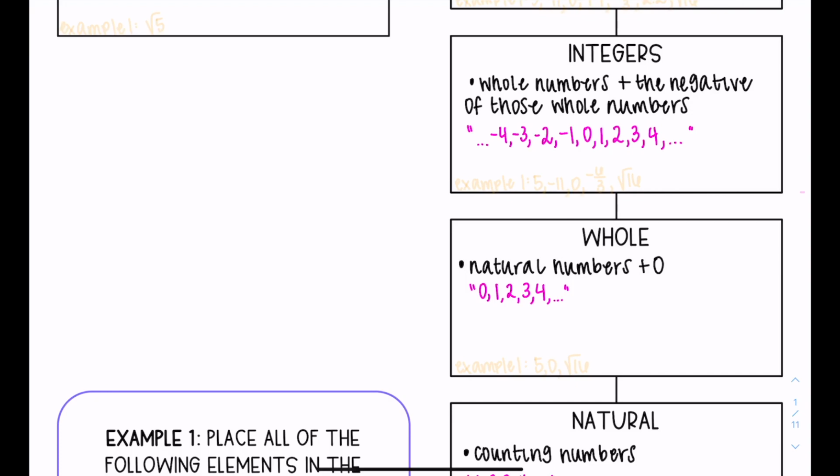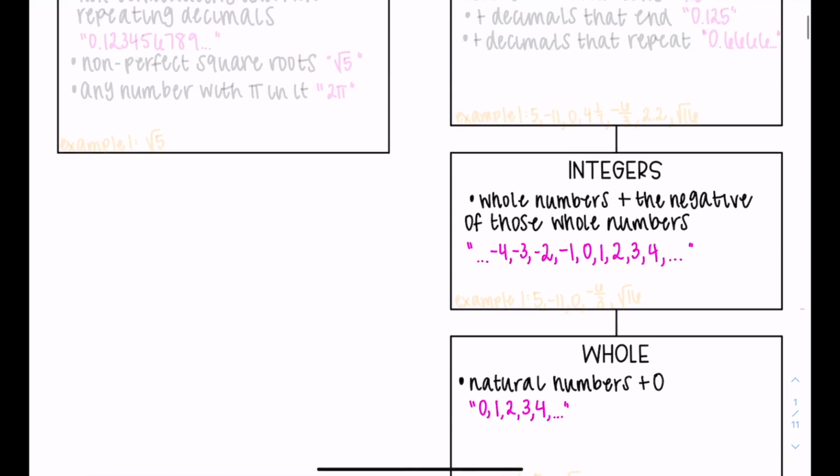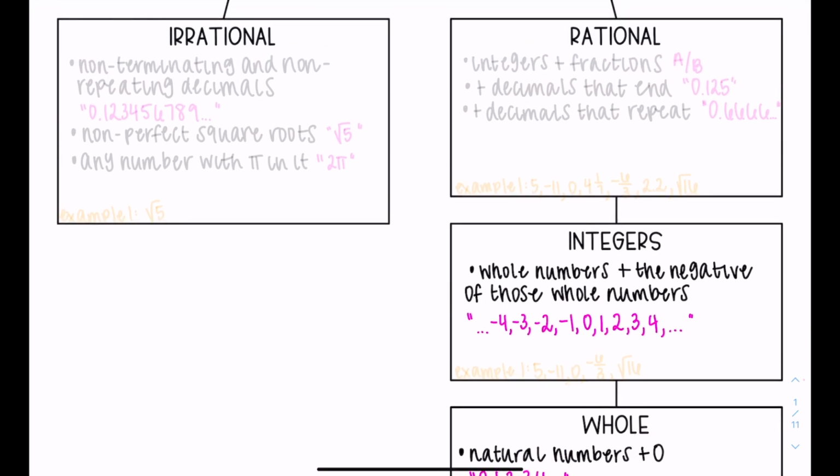Now, what are rational numbers? So rational numbers includes all those integers we just talked about, but we also have fractions. So we have integers plus fractions. That would be things of the form a over b. Plus decimals that end.